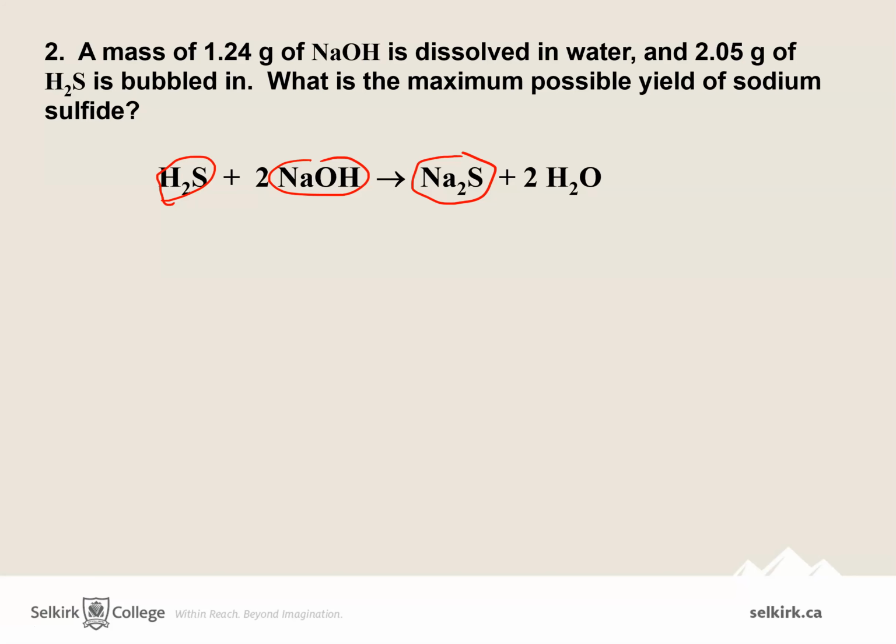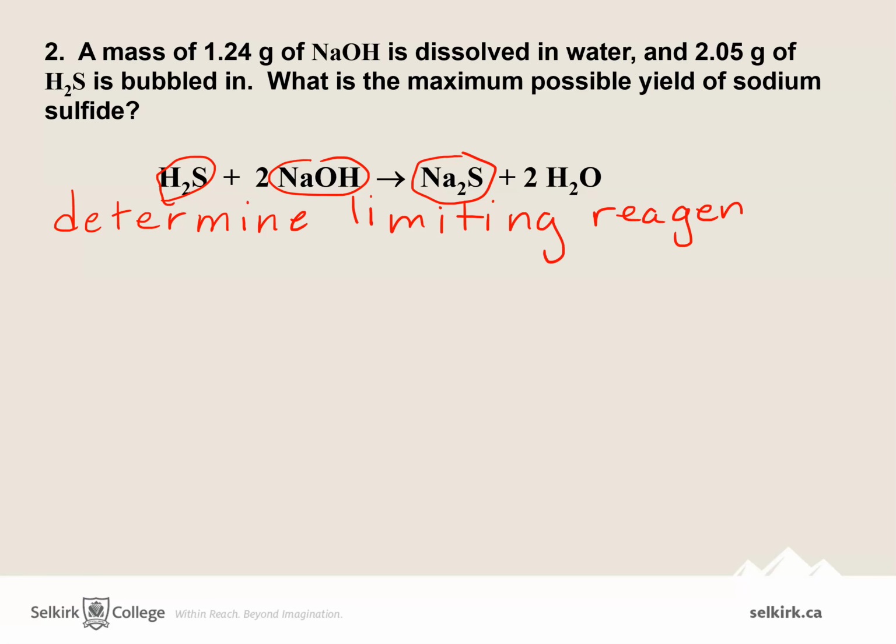So here I go. First, I'm going to determine the limiting reagent. And I find if I write just a few words of clarification, I can guide myself more easily through the problem. What I did with the ham sandwich analogy is I asked if I had enough bread to use up the ham, or vice versa.